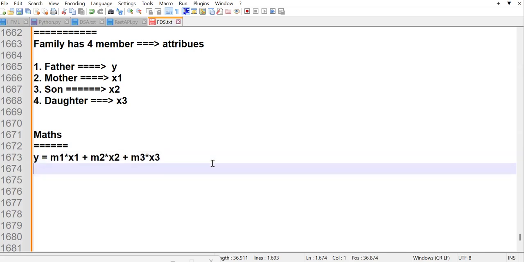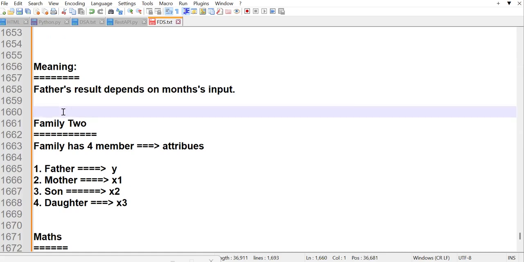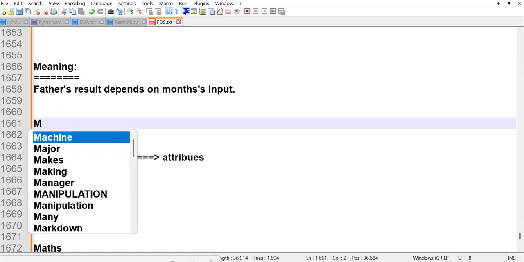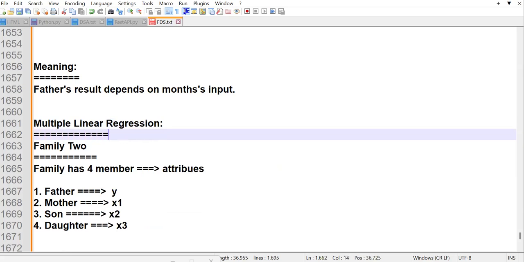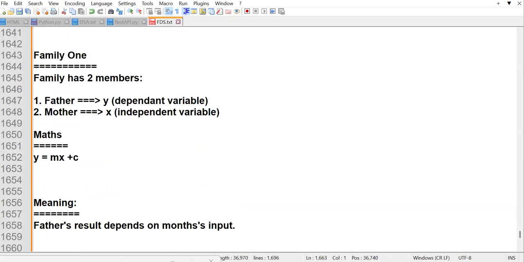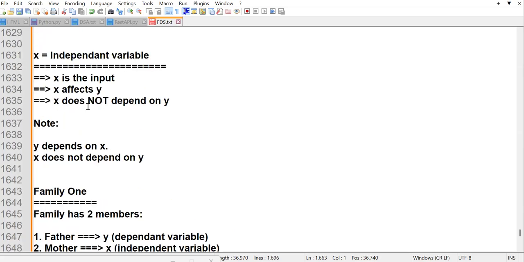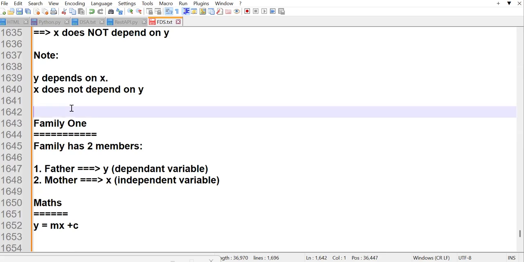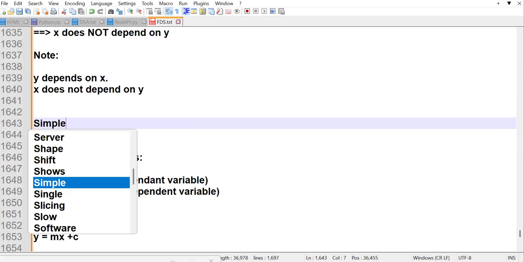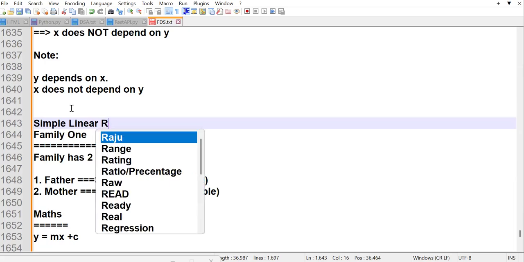So this example is what? Multiple linear regression. This is the example of multiple linear regression, and this is the example of simple linear regression.